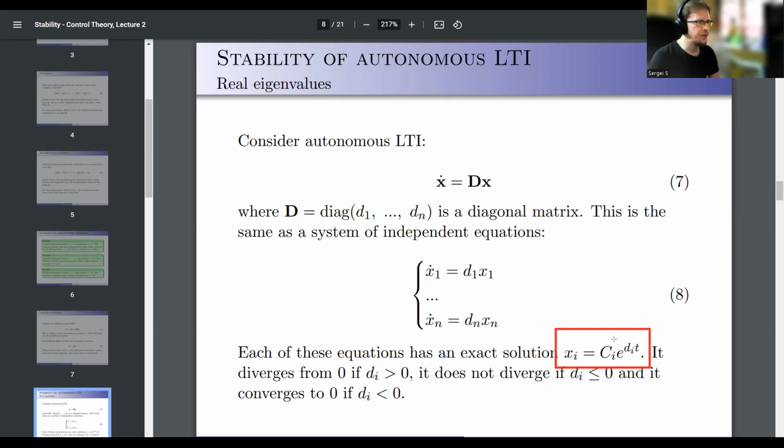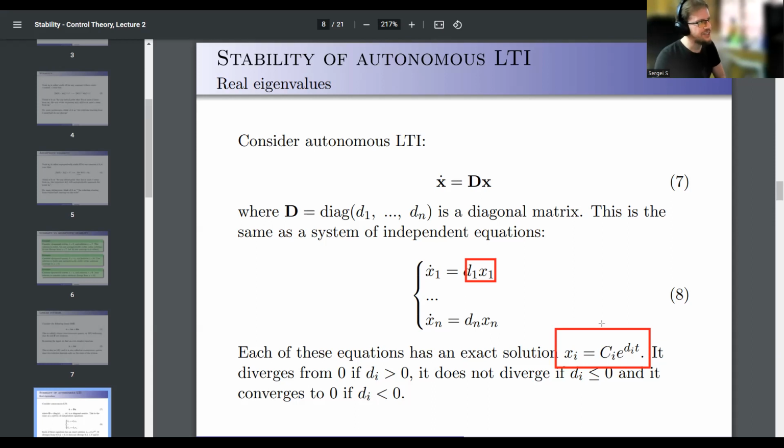That we have seen previously. If D is equal to 0, you can notice here it would just be like x1 dot equal to 0. We studied it previously, so we already saw this situation on the previous slide. So if D is equal to 0, it's going to be marginally stable.